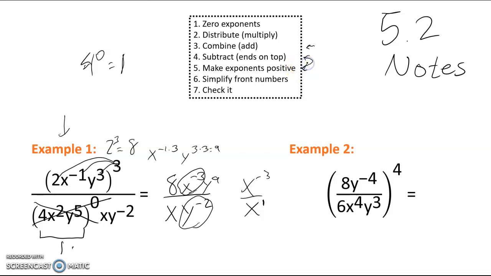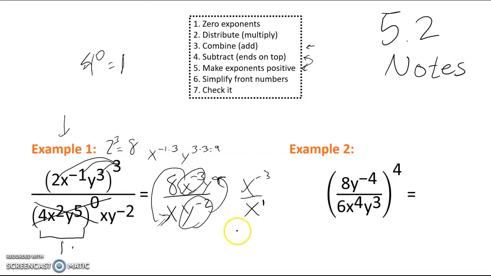All we need to do is take this x to the negative 3 and move it to the bottom. We don't take the 8 down, just the x to the negative 3. And the same idea with the y to the negative 2: we take it and move it up to make it positive.